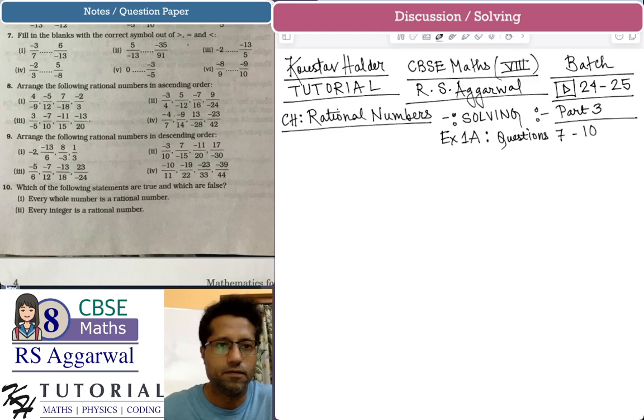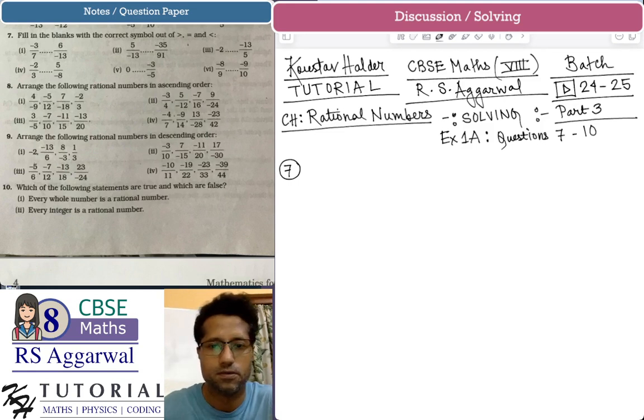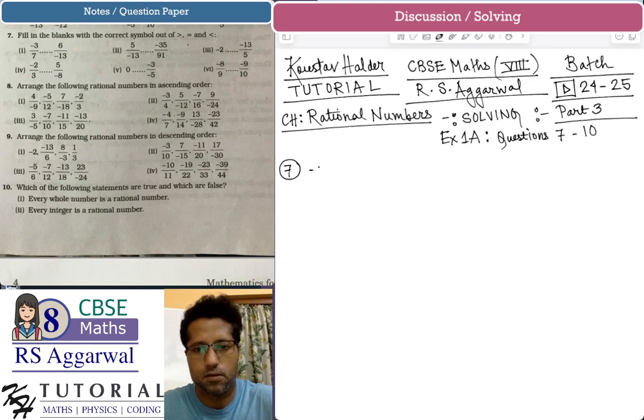So problem number 7 is: fill in the blanks with the correct symbol out of greater than, equal to and less than. So we have to compare two rational numbers, based on whether one is greater than, less than or equal to another rational number. This is part 1.